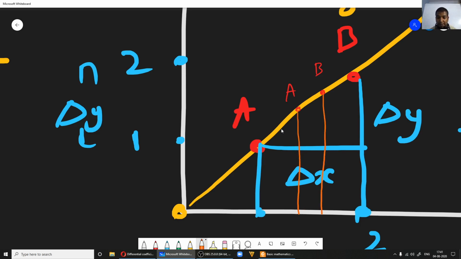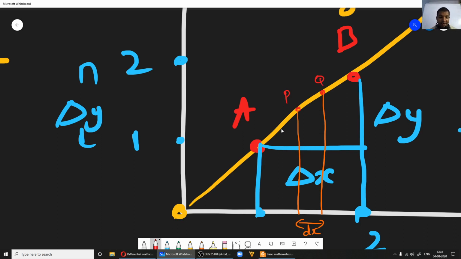Say this interval is dx. Now you have to assume that points A and B are very close. Otherwise you can take some other points P and Q. Now assume points P and Q are very close.